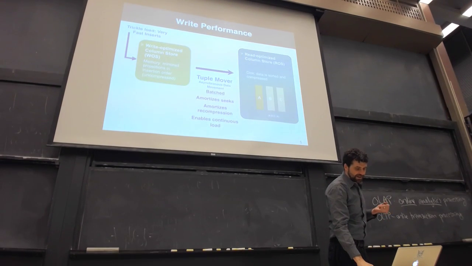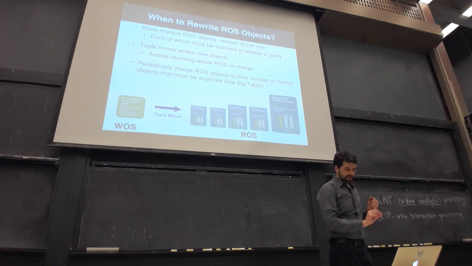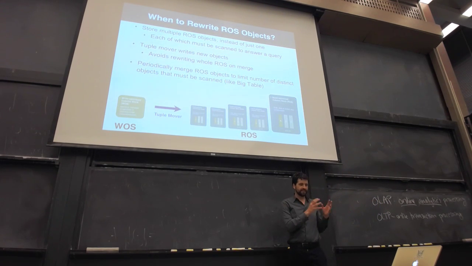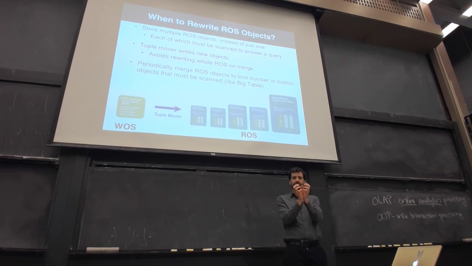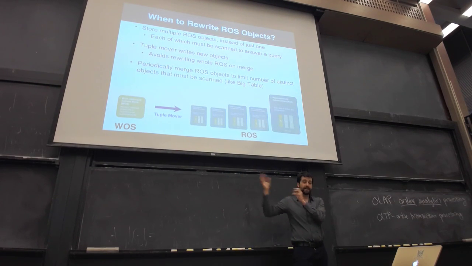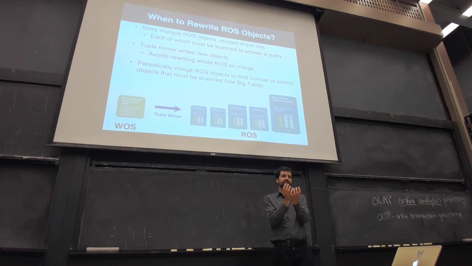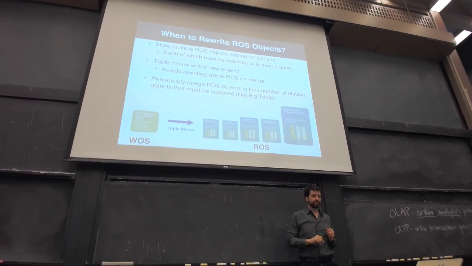So the design that we developed in the C-Store project looks like this, where you take these write-optimized stores and you compress them and sort them and write them directly out to disk without merging them into the existing read-optimized structure. And then periodically in the background, you merge these read-optimized things together to get logarithmically larger things.